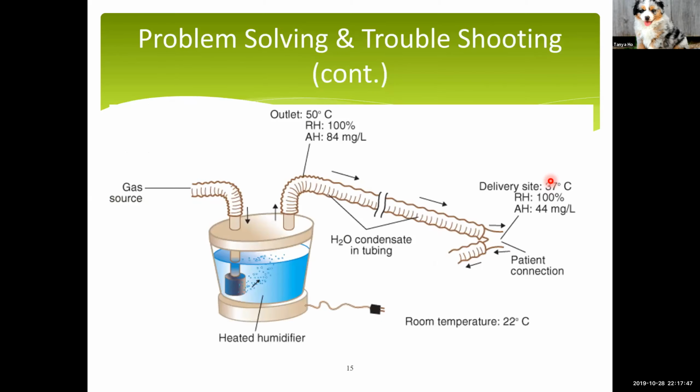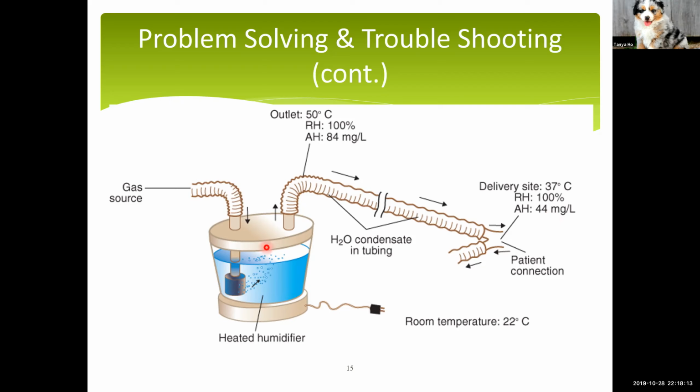Here's a picture of your humidifier, and it's under heat, and coming from here down to the patient, you can see that this is warmer and this is cooler. You're losing humidity from here to here.